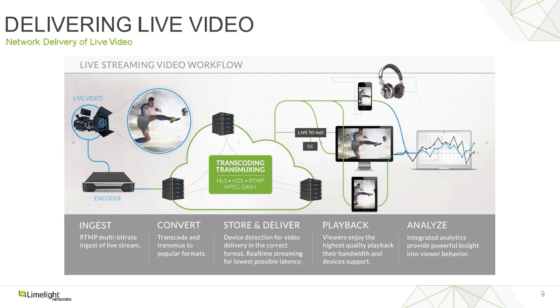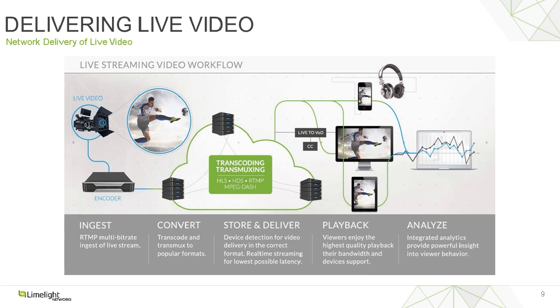All right, so now let's look at the whole picture of delivering live video. Starting on the left here, we have our ingest, which is our contribution protocol, here showing an RTMP input. So it's showing our video going from our camera to our encoder in the RTMP protocol. And that goes into our convert step for transcode and transmux.